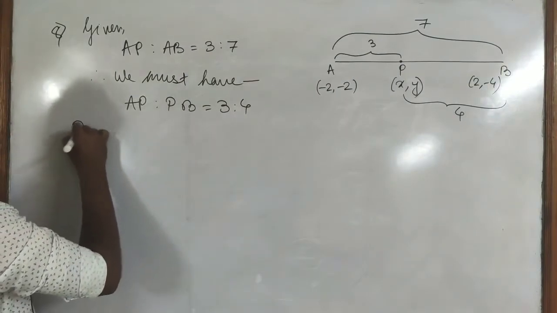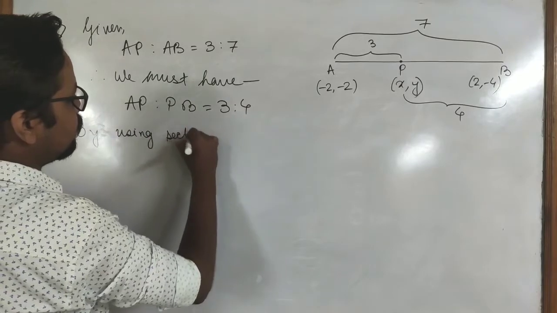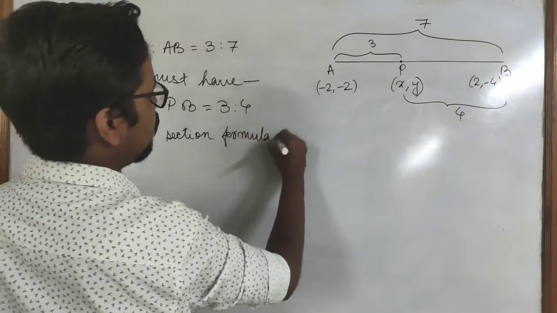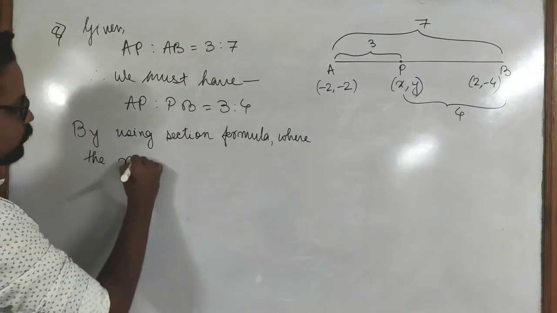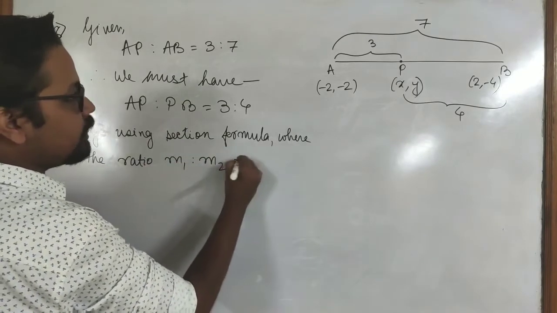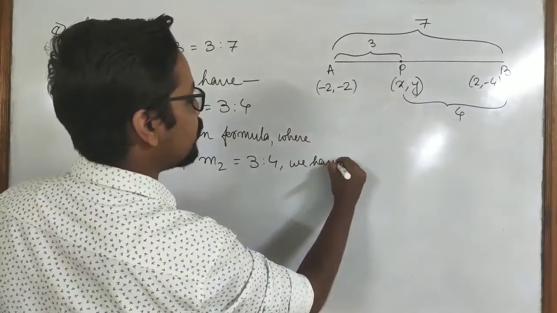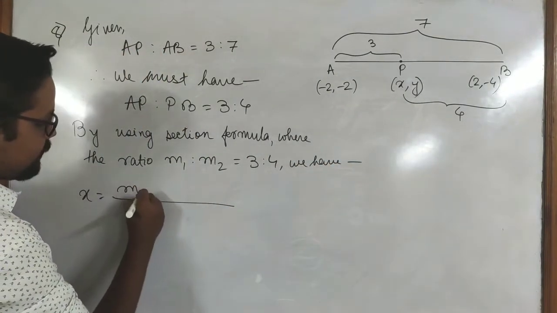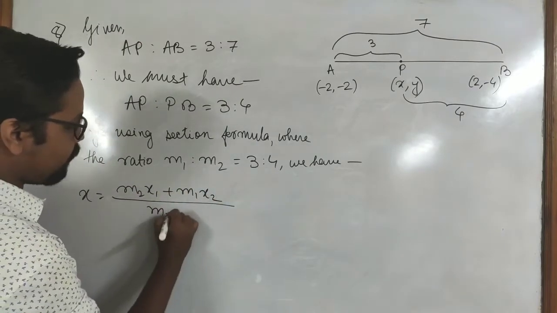So by using section formula, where the ratio m1 is to m2 is equal to 3:4, we have, what can we have? We can have the value of x. x is m2 x1 plus m1 x2 by m1 plus m2.